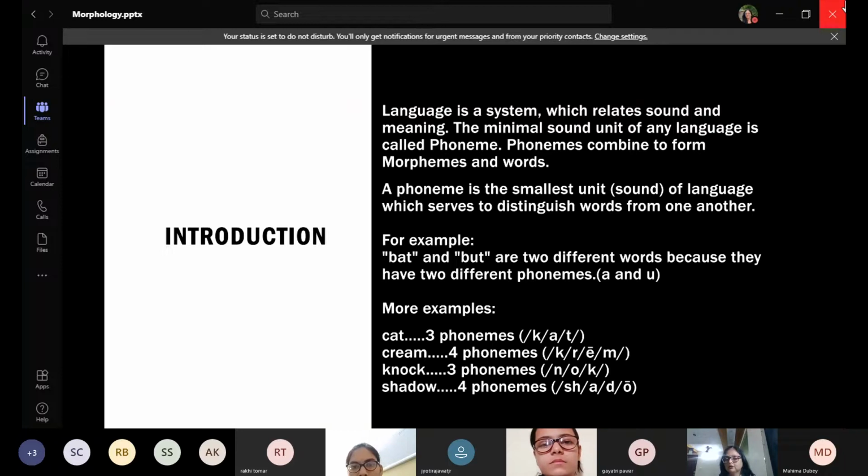Cat. Okay. Cat. How many phonemes does this word have? Each sound is counted as a phoneme. So we are not going into this because we have already done it. Now when these different phonemes combine together, they form a word, cat. And you add one more phoneme to it, cats.